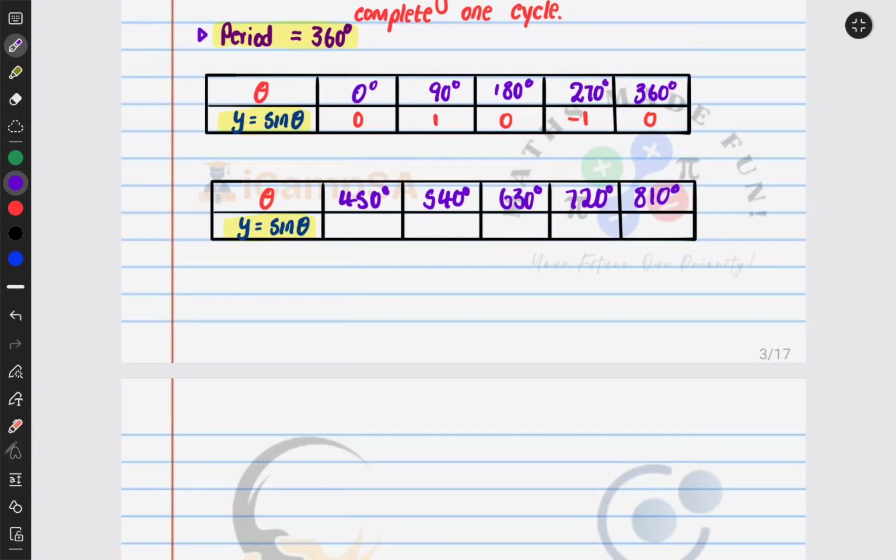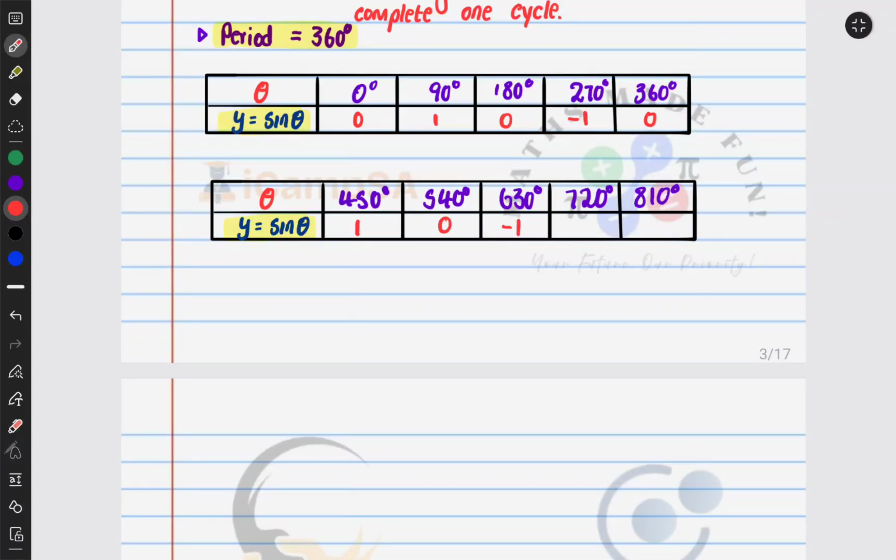Okay, and then let's come here, say sine of 450 degrees, which is going to be 1. Sine of 540 is going to be 0. Sine of 630 is going to be -1.